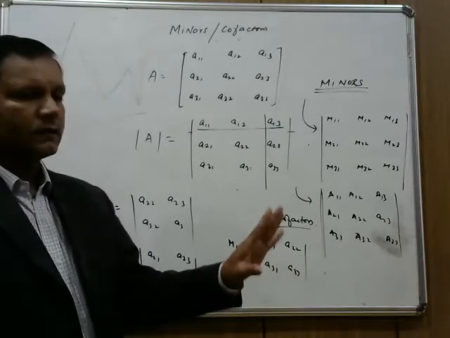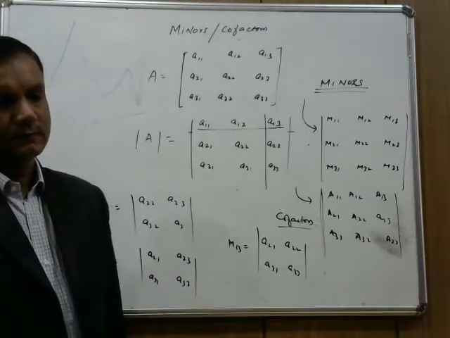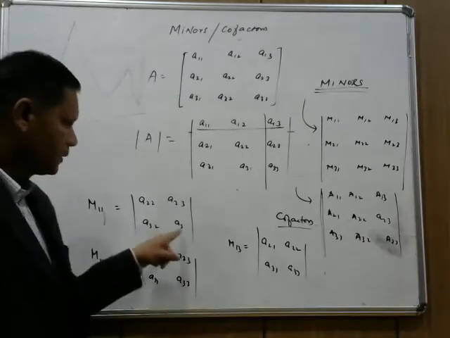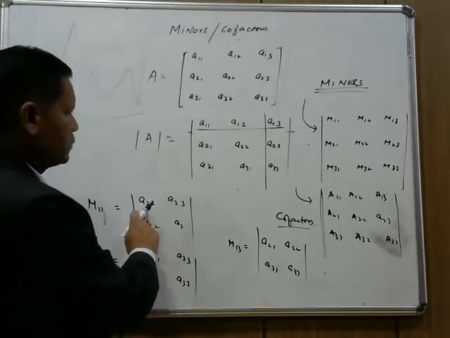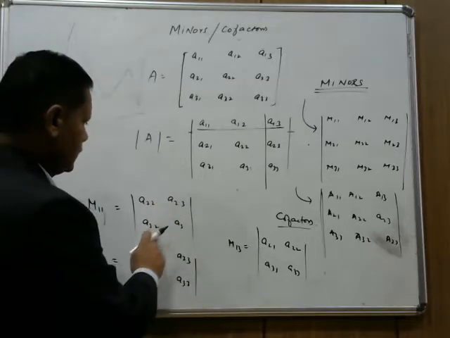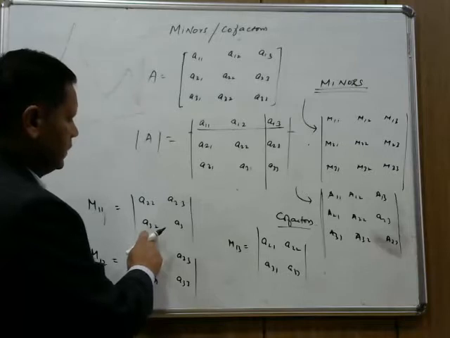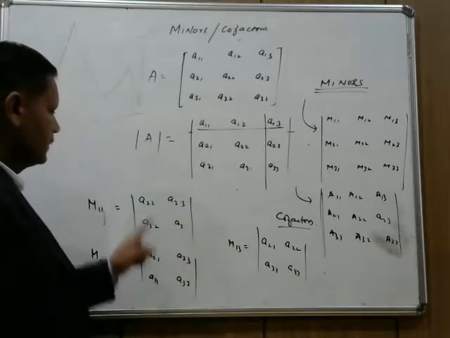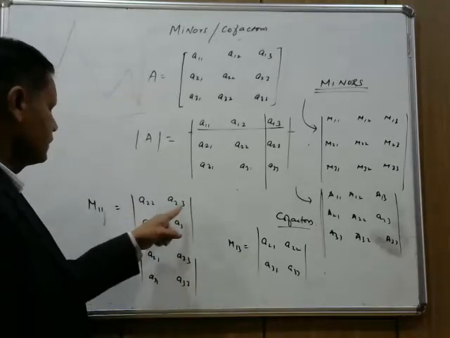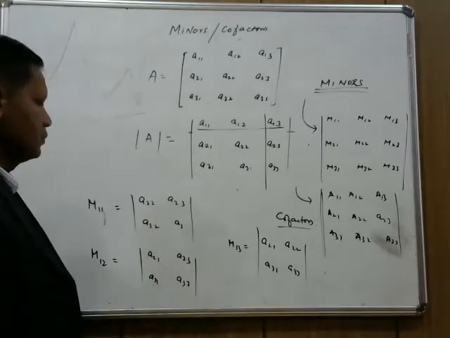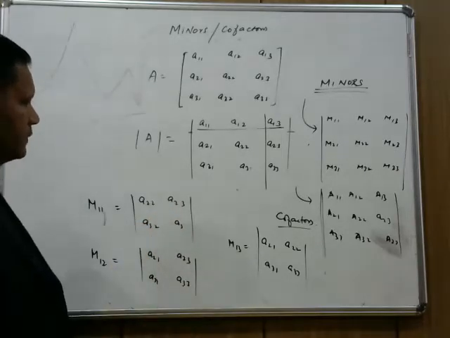This way we will find all the minors, right? And you know how to solve this, right? Here a22, a23, a32, a33, so simply a22 into a33 minus a23 into a32. That we can write. Okay.